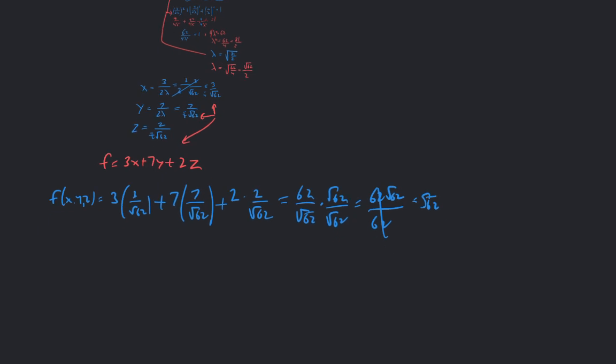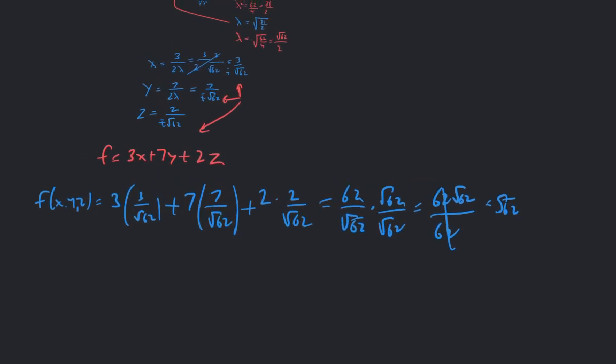And that would be the maximum value of this function given this constraint. When we take the negative of this, it's just going to be negative root 62, and that would be the minimum value.